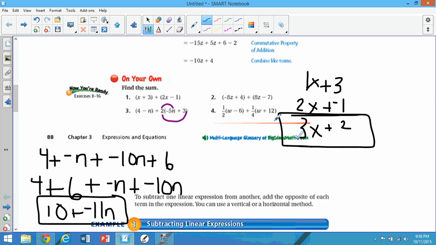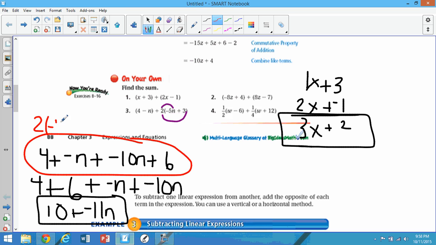Now, even if you were going to do the vertical method, which is fine, you have to show this step. You are not allowed to skip that step, because you need to show that you understand how to distribute. If you're going to complain about showing that, I could make you show the distributed part, where I could have you do 2 times a negative 5n plus 2 times 3.